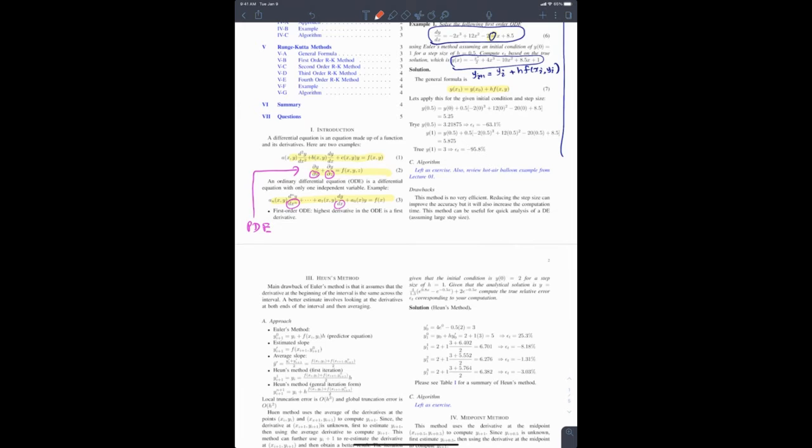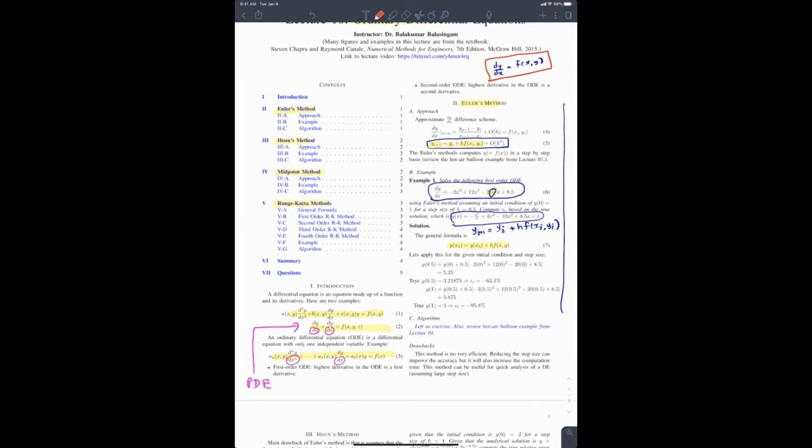So this whole lecture is about high accuracy approaches to solve differential equations: Euler's method, and then we will go to Heun's method, and we will show what Heun's method is and how it achieves high accuracy, midpoint methods, and then Runge-Kutta method.